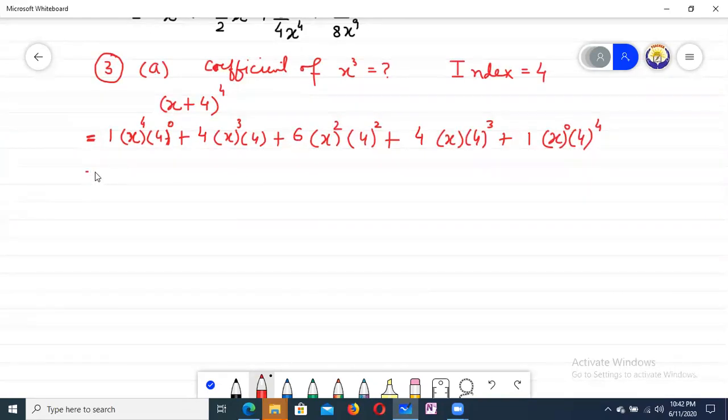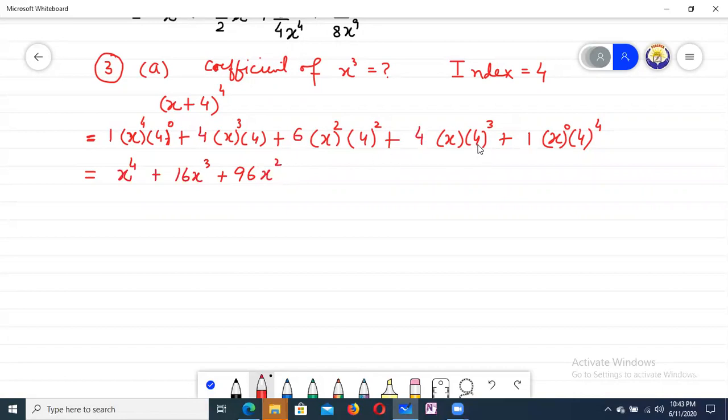Now we'll simplify. After simplification, 4 raised to the power 0 is 1. 1 into this one, 1. 1 into x raised to the power 4 will be x raised to the power 4. Plus here, this 4 into 4, 16, x cube, plus 4 square, 16. 16 sixes are 96, x square.